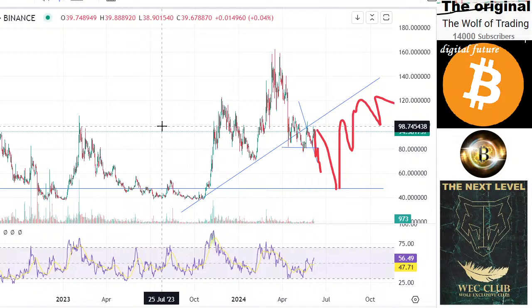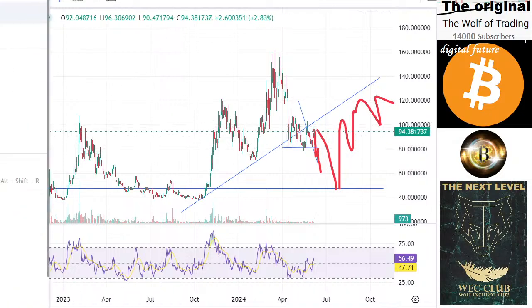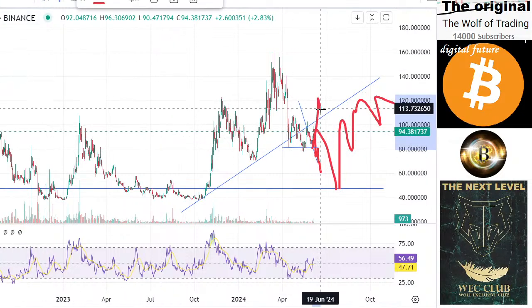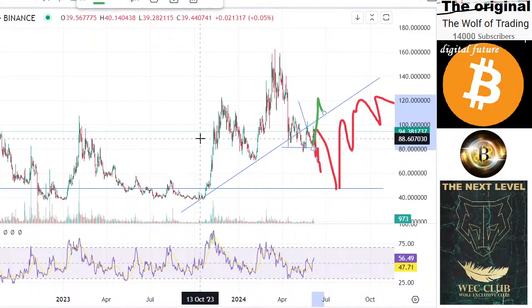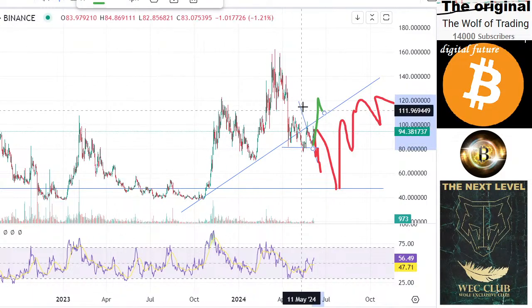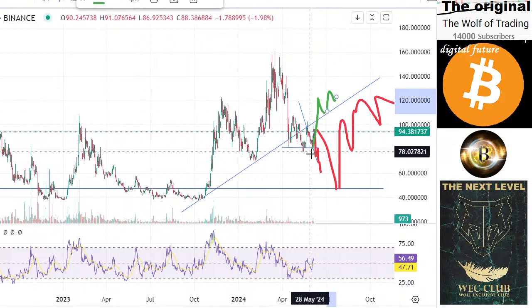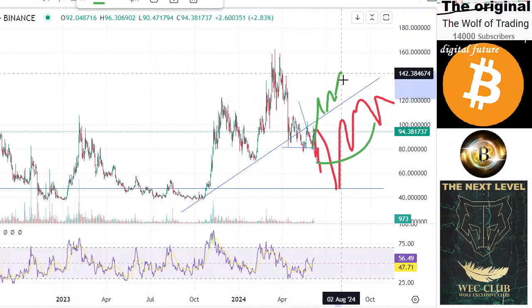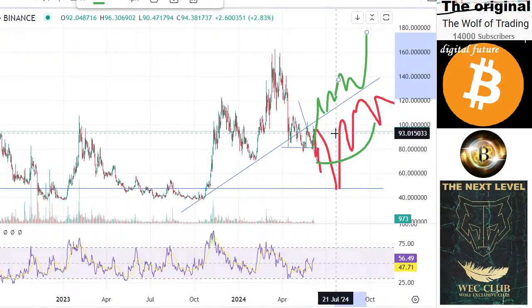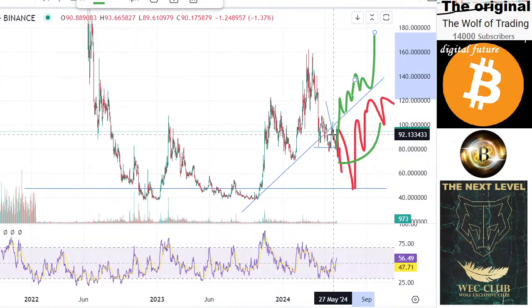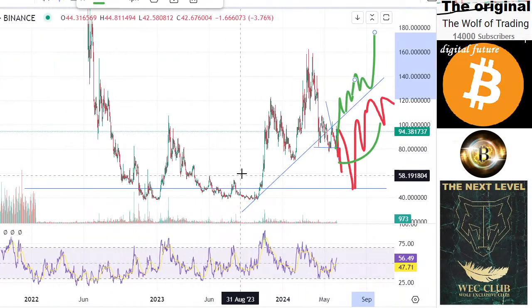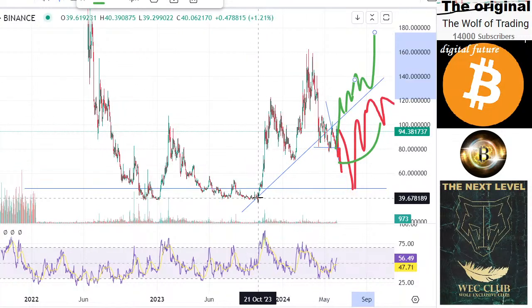The only possibility to go higher is that we come to this uptrend here, green. If you see something like that, then we can say, okay, this structure is built here. Then we can go here to 180, but I don't calculate this because the uptrend is going too long.